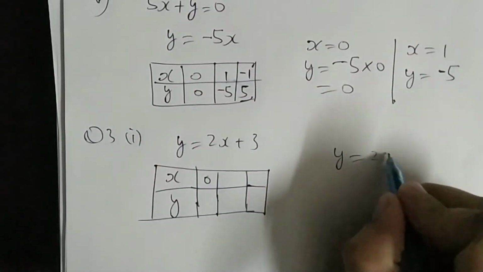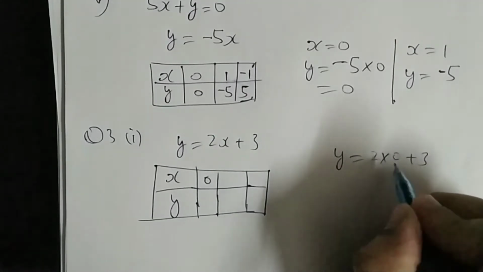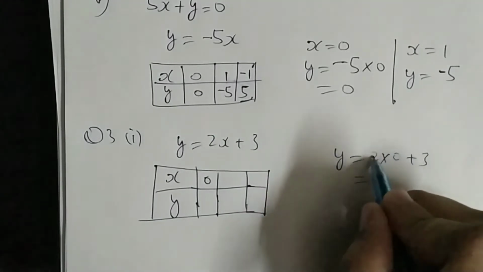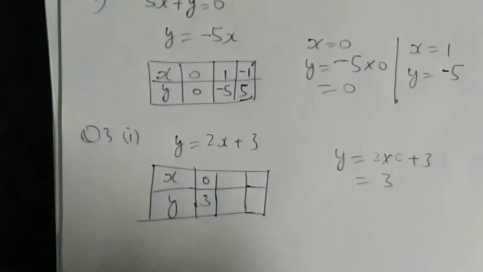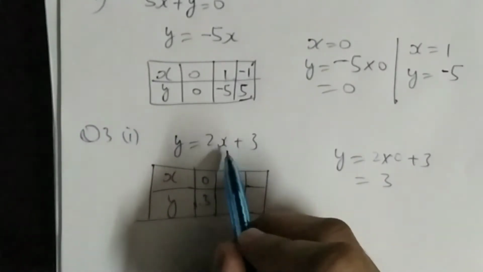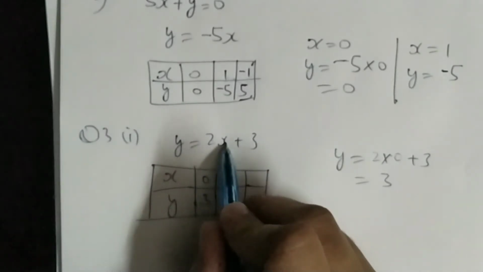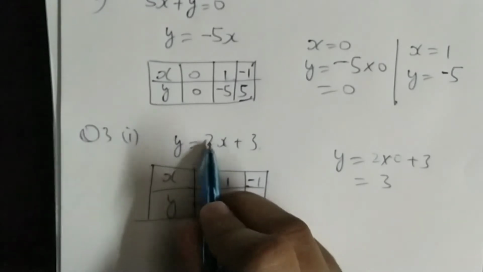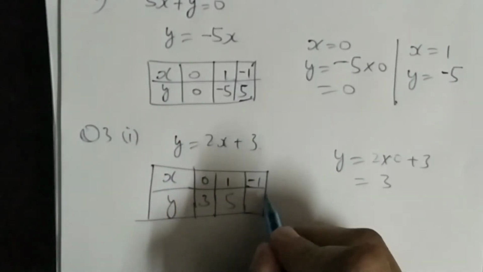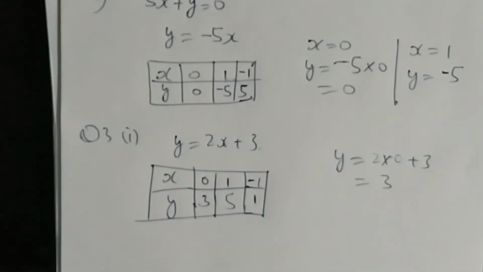So 2 multiplied by 0 plus 3. y is equal to 2 into 0, 0, plus 3. The value of y is 3. Then we can put positive 1: 2 into 1, 2 plus 3, 5. Negative 1: minus 2 plus 3, 1. Now you can plot these points.